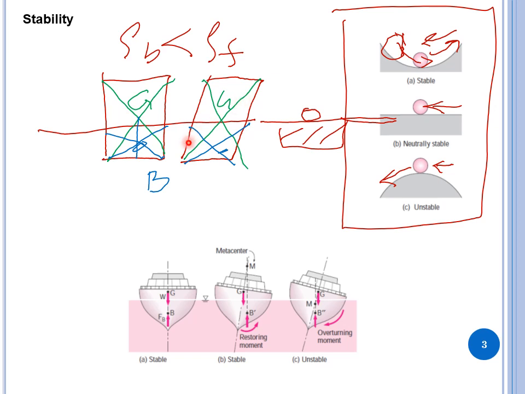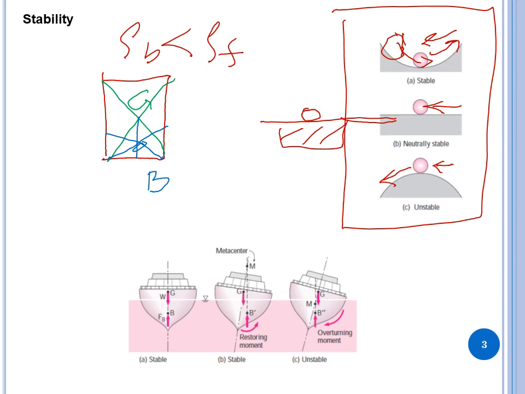Let me redraw it. Center of buoyancy. Now this is the line of the center of gravity.